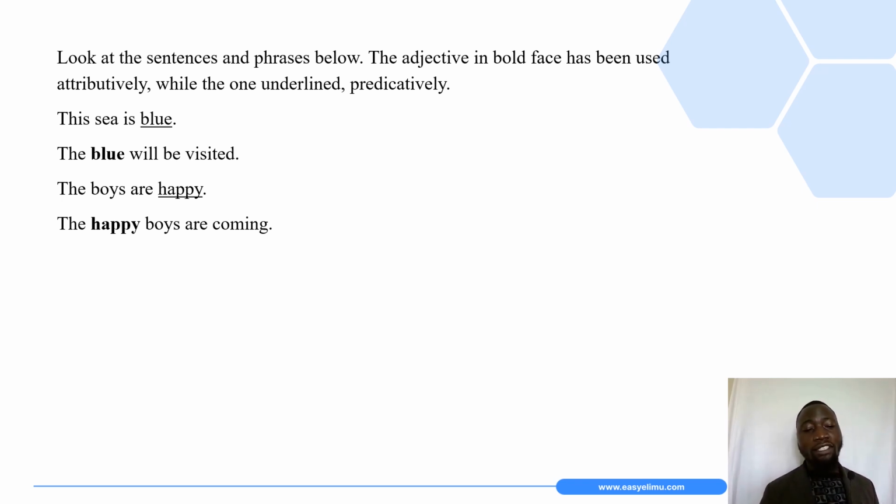Now the question is, if you are given a sentence, are you able to identify if an adjective is used predicatively or attributively? That is a question that you answer yourself.